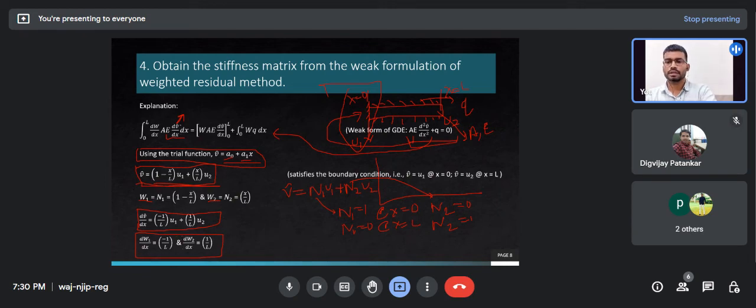This is the generic form, and we know that according to the weighted residual method, the summation of w1 times R should be equal to 0, right? And then in the next slide I have just substituted the values of these terms.